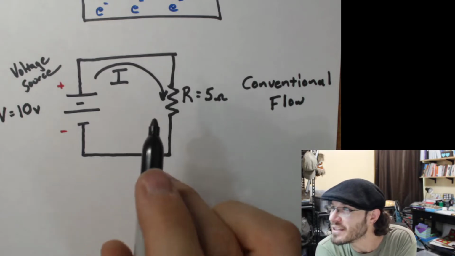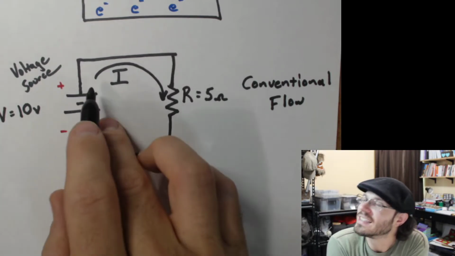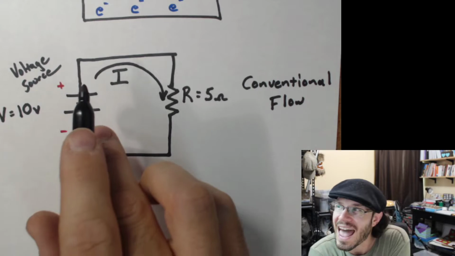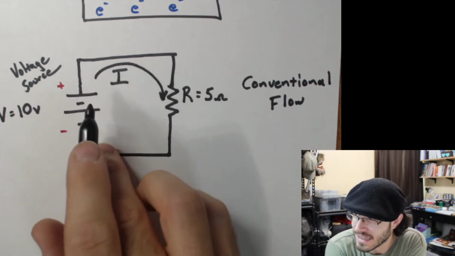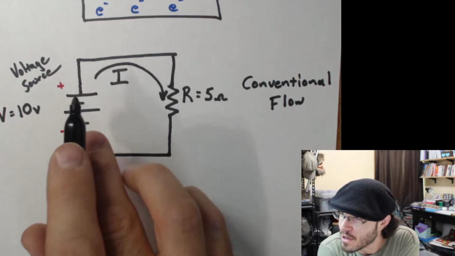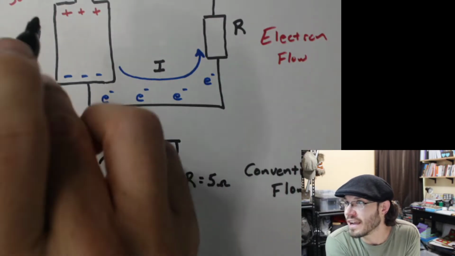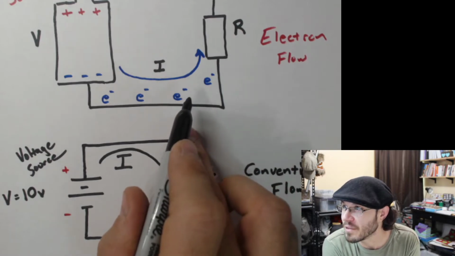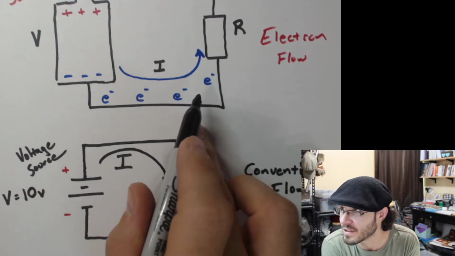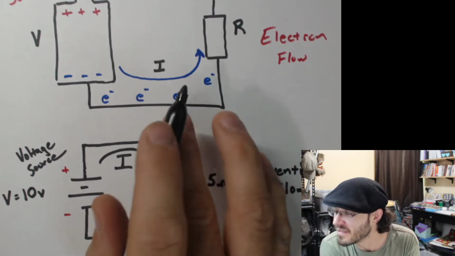So manufacturers stick to conventional flow. Electrical engineers stick to conventional flow. The only screwy people on the planet that like to go like, no, the electrons are going in this direction, we need to stick with that, are physicists. And we don't care what the physicists are doing. Physicists are great.